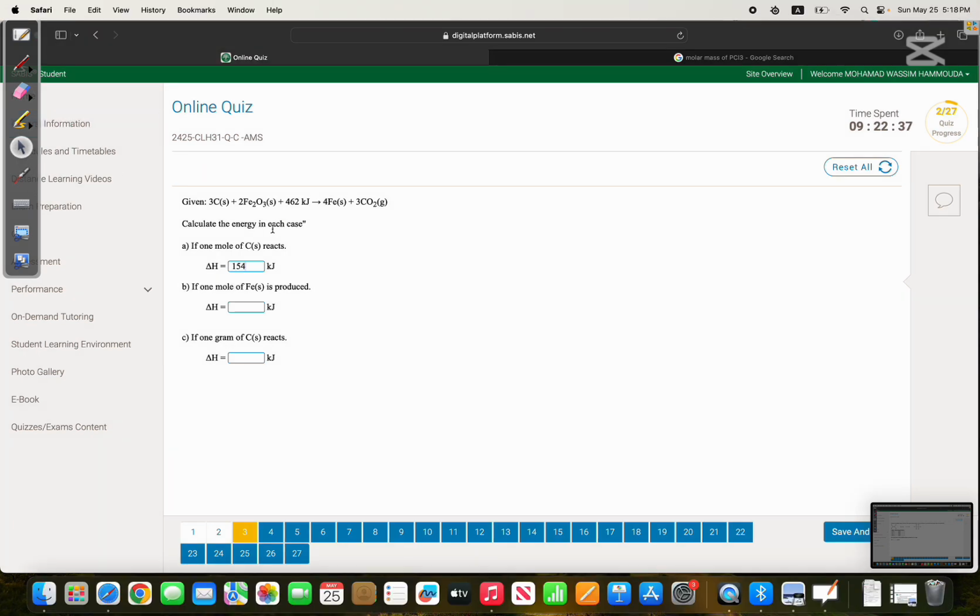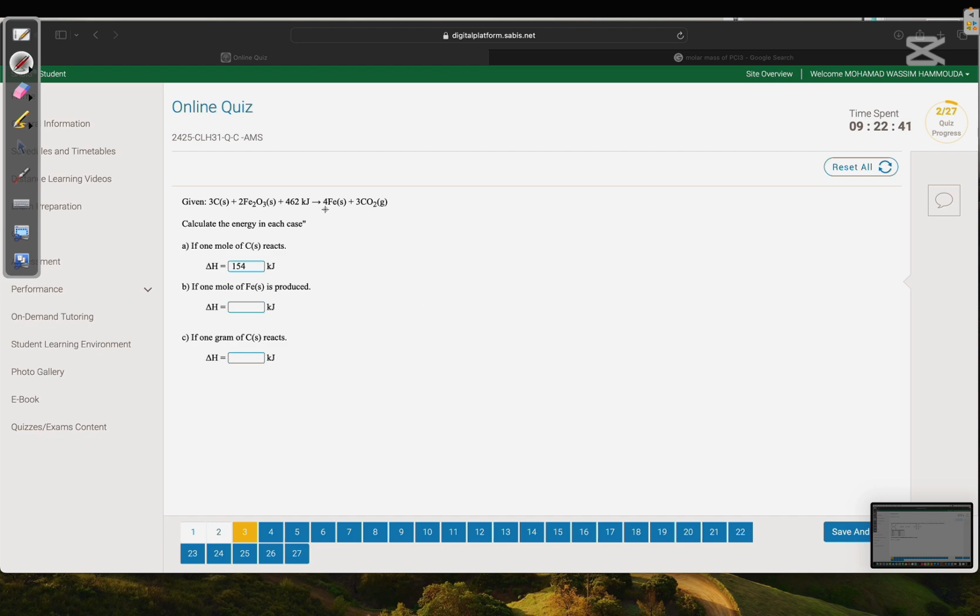If 1 mole of Fe is produced, here we have 4 moles. So from 4 moles to 1 mole, we have to divide by 4. So 462 divided by 4 is equal to 115.5.